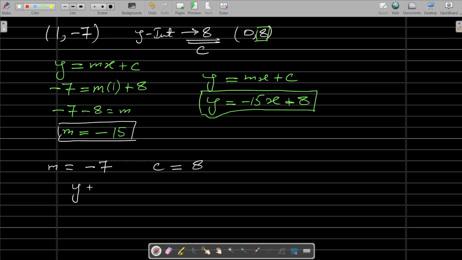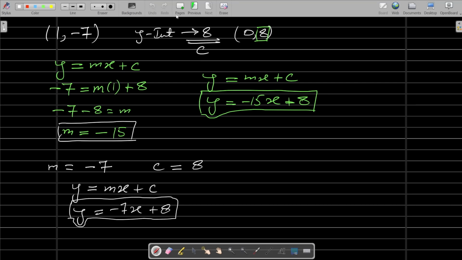All you need to do is just apply y equal to mx plus c, because the only important things right here are the value of m and the value of c. That's it. So y is equal to, the value of m is negative 7, x plus c, the value of c is positive 8. So this is my final desired equation.